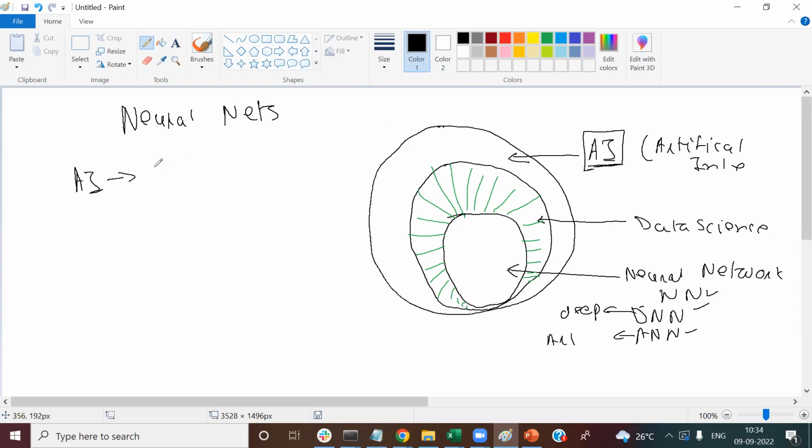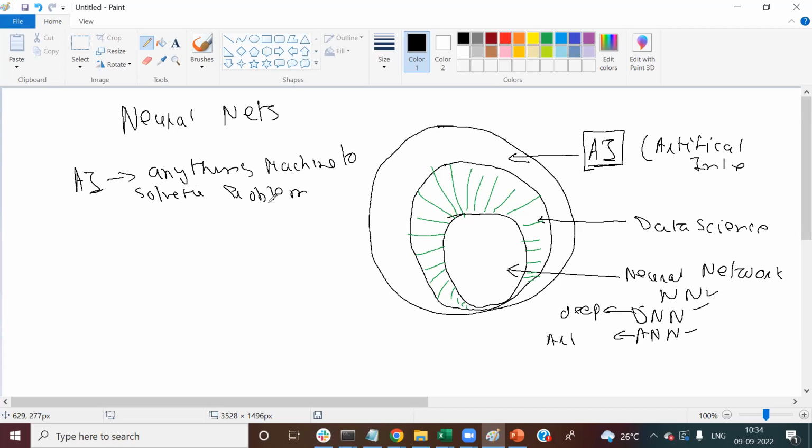Now see, AI is anything where you are using a machine to solve a problem. And by machine I mean, let's say, software. I'm not talking about a pair of scissors or a knife, though they are also machines and they may also help you overcome some problems. But I'm talking about software or gadgets. So anytime, anywhere, anyway you are using a machine to solve a problem.